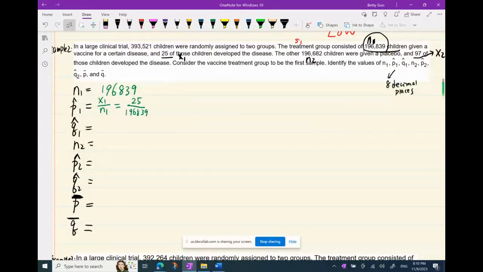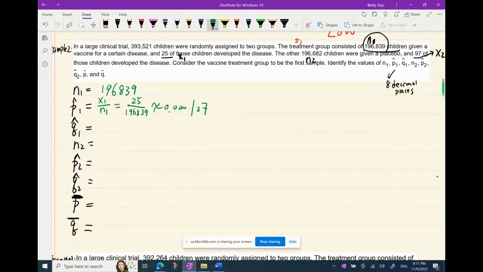25 divided by 196,839. Oh, it's a very small number. So you see e to the power of negative 4, right? It's going to be 0.000127. I'm going to round it because the next digit after 7 is 0, so that's a good opportunity to just round it down.